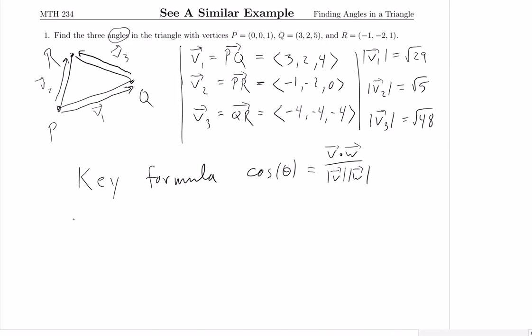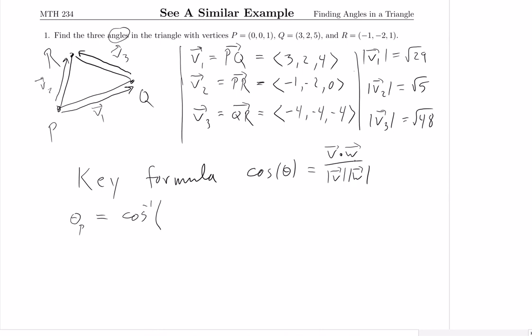First, let's do the angle at P, which I'll call theta sub P, meaning this angle between the vectors V1 and V2. So I want to use my formula, so solve it for theta, so just take inverse cosine.